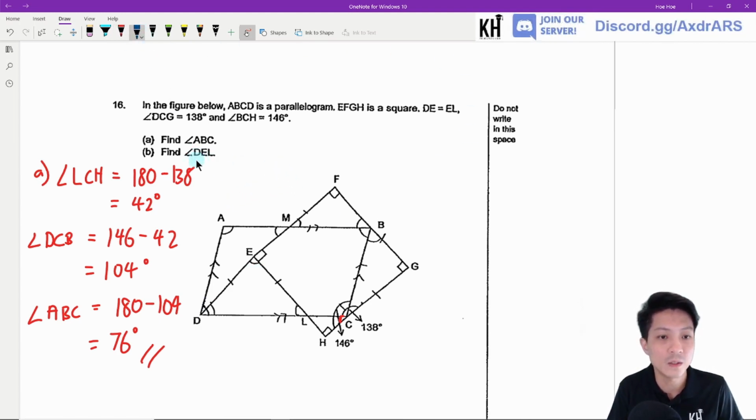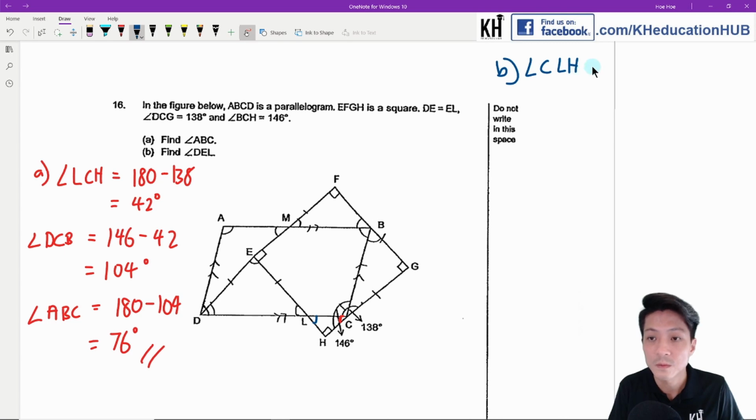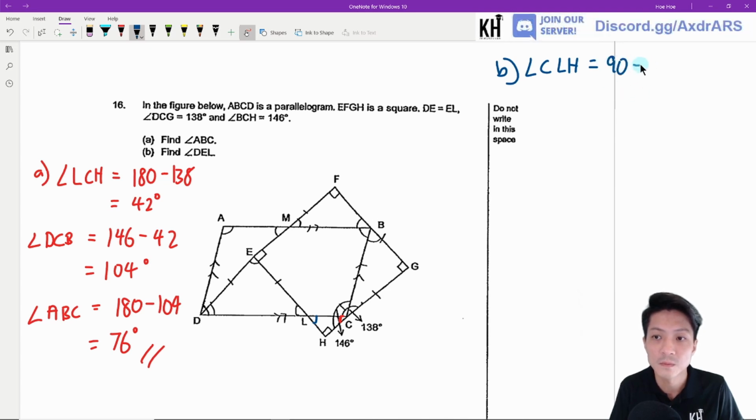Okay, for part B, I need to find angle DEL. First I'm going to find this angle here. I'm going to do part B here. Angle CLH is equal to 90 minus what is the LCH? 42.